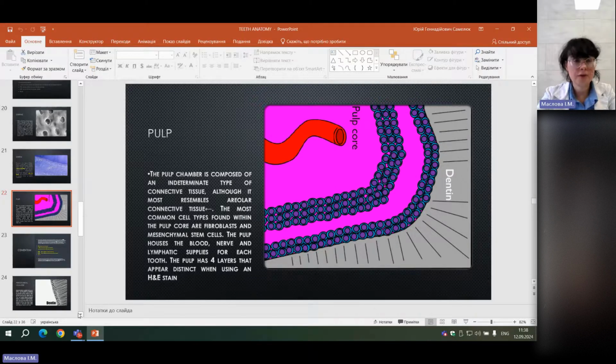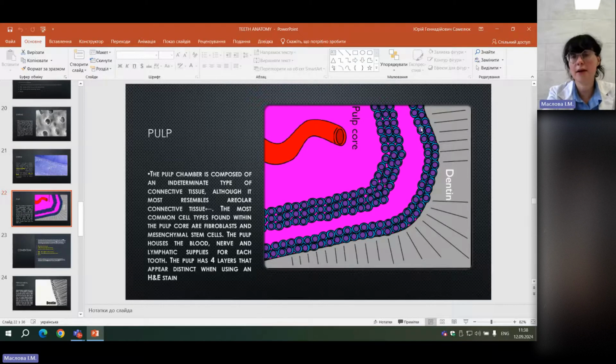The pulp holds the blood, nerve, and lymphatic supplies for each tooth. The pulp has four layers that appear distinct when using hematoxylin and eosin stain. Dentine you can see in gray color on this scheme.